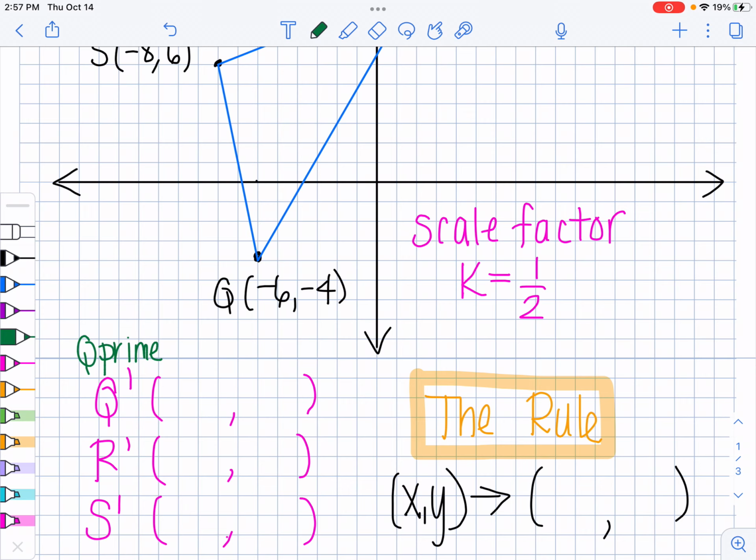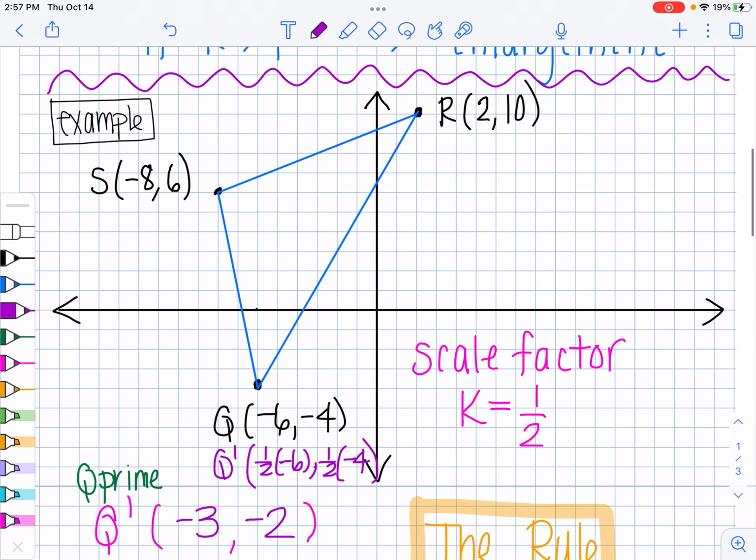After I do my transformation, a dilation with a scale factor of 1/2, the point associated with the old Q is the new Q, Q prime. So I just take this half and multiply it by my points. Q prime is going to be 1/2 times -6 and 1/2 times -4. Half of -6 is -3, and half of -4 is -2. For R prime, I take half of 2 and half of 10.